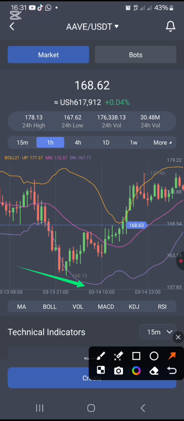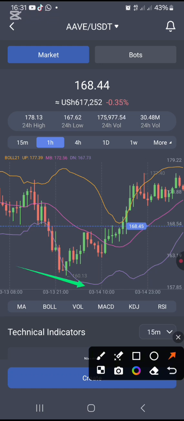If the free bar does not form, two, look for a green candle. The green candle will give you confirmation. A free bar is a bar that forms below the Bollinger Bands independently, like I showed you in the first example.